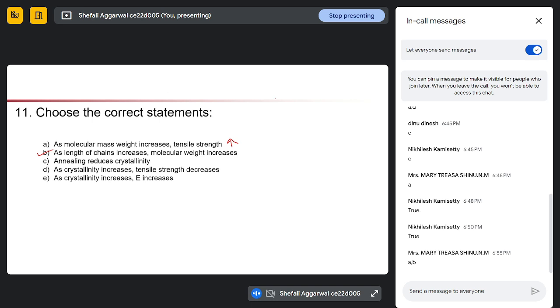A and B, okay. As molecular mass increases, tensile strength increases. So as the molecular weight increases, your strength will also increase. Any other option from C, D, and E which you think is correct?